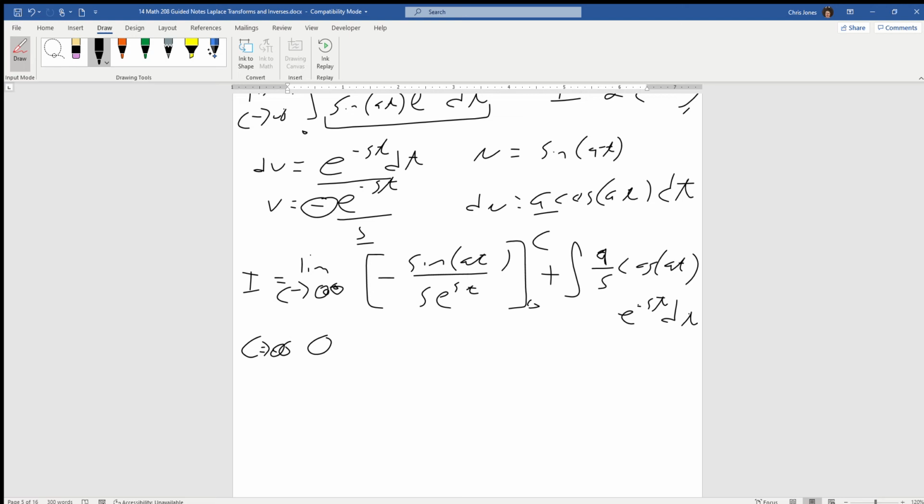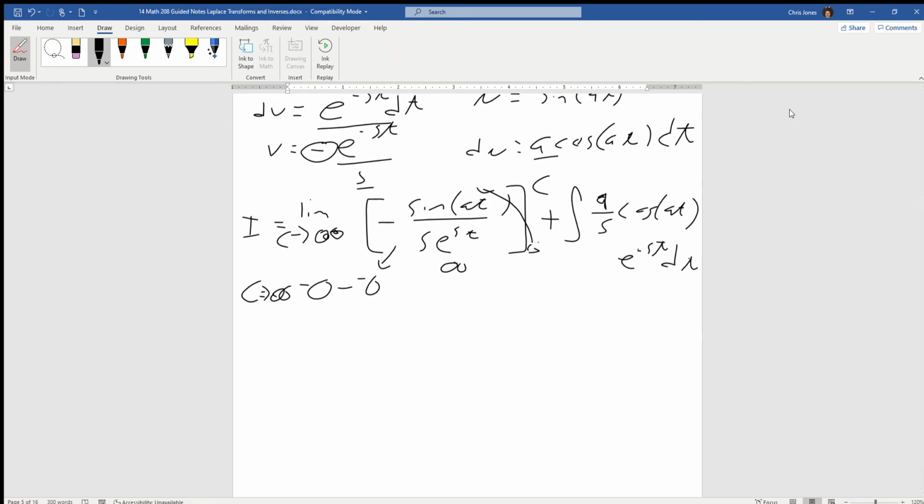And then this e to the st is just going to go to infinity, regardless of the value of s. And then clearly, if we substitute 0 back in for t, then we get sine of 0. So we really get a 0 minus a 0 when we evaluate that. All right. If you don't trust me, go through and work it through for yourself.